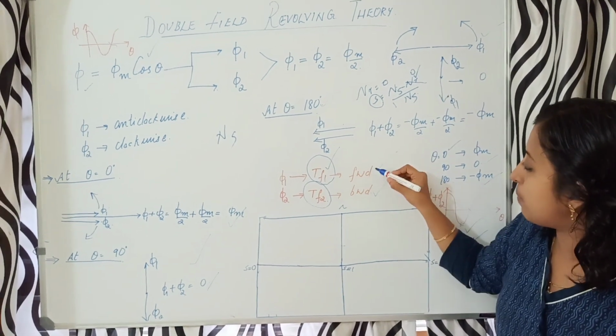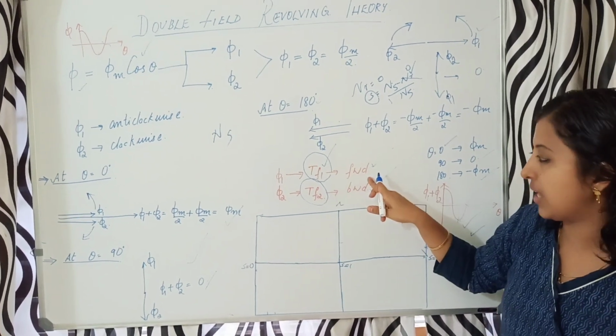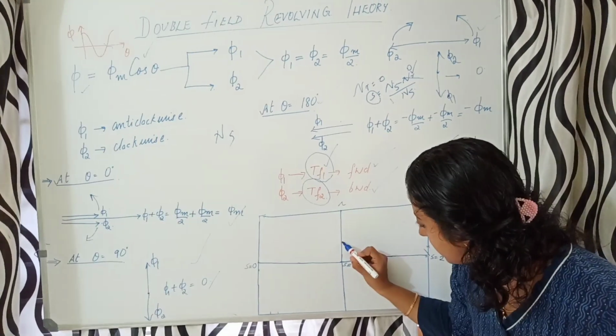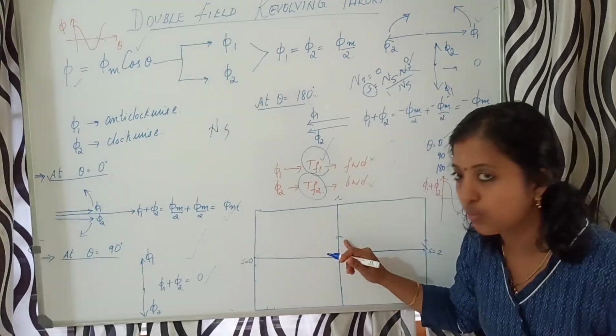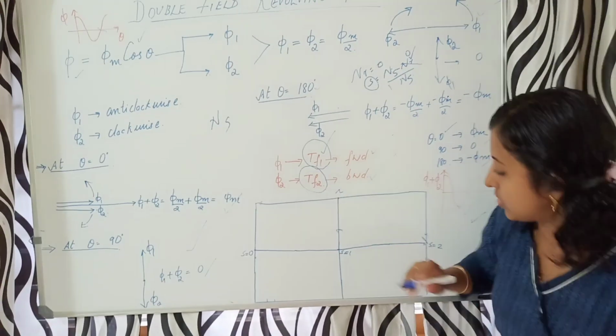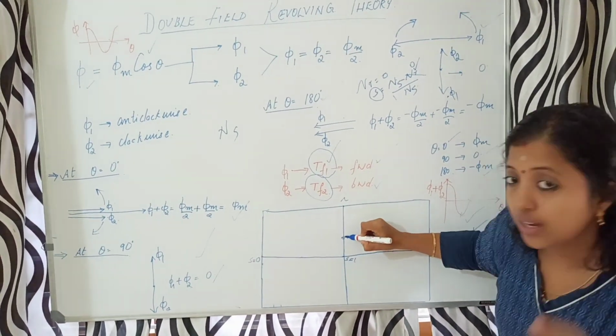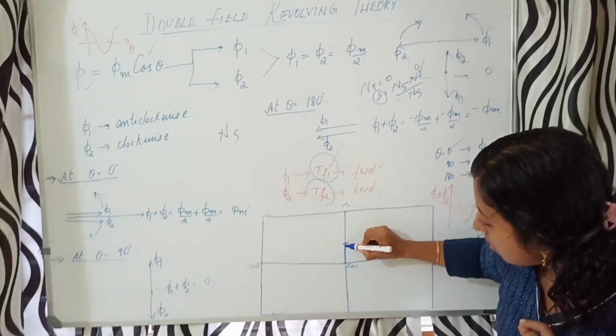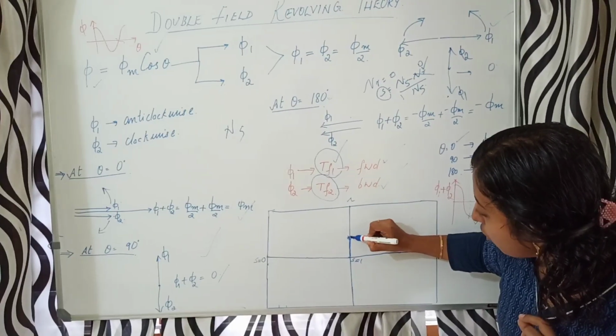First I'll plot the forward torque slip curve, which is similar to a three-phase induction motor. I start from slip equal to 1, the starting point, where I have a starting torque for the forward torque.